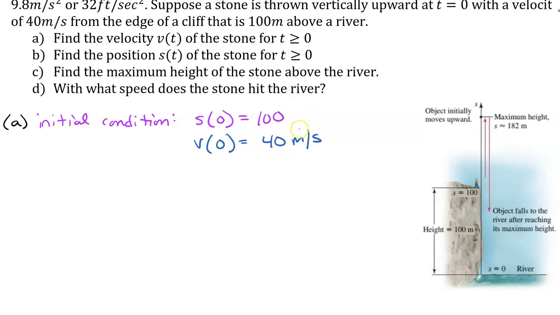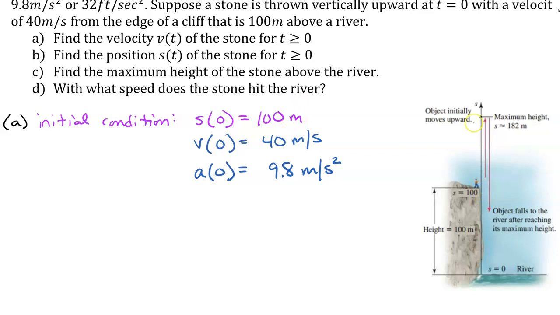And we also have acceleration, which is gravity. So acceleration, no matter what, is going to be 9.8 meters per second squared. We're doing meters this time, even though they gave us 32 feet per second, because the rest is in meters.